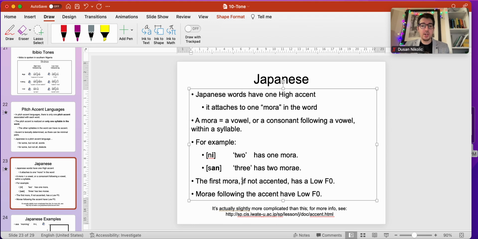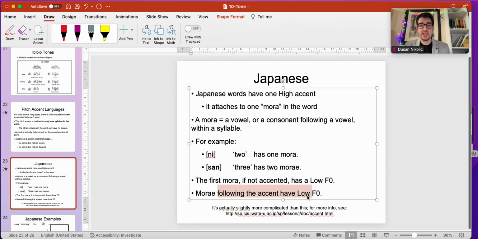The first mora, if not accented, has a low F0. So let's say this mora, I guess it is accented. But if it were not accented, then n would be a high, and this mora would carry a low F0 by default, right? So we need some kind of contrast. Mora following the accent have low F0.